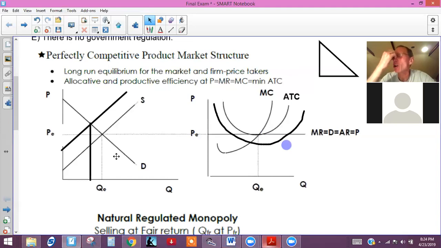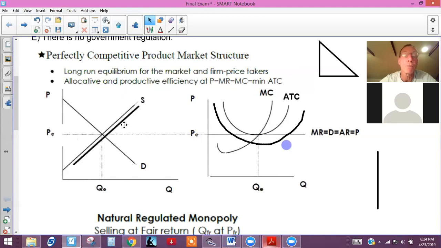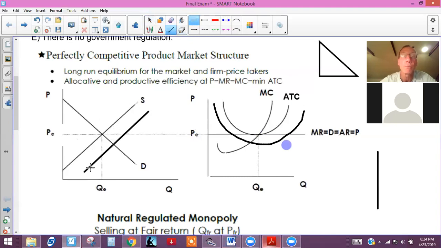Actually, no, sorry, it would drive the supply as more firms came into the market for whatever this good is. That would drive the supply curve to the right, which would drive the price down to a point where price now equals average total cost.